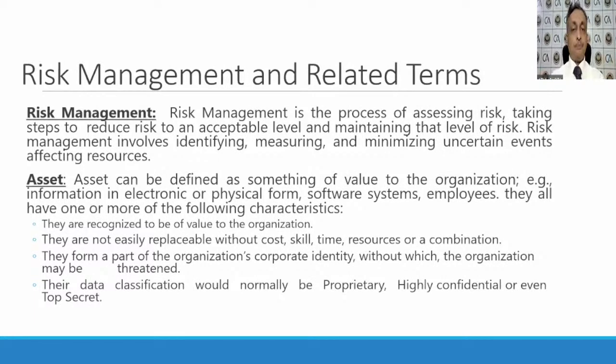Let me go ahead. Risk management involves identifying, measuring, minimizing. See the fantastic way it defines identification. Identification starts with vulnerability. It starts with a term above vulnerability. I'll read that term. So identification, measuring, assessment, and minimizing. How do you minimize? Through controls.